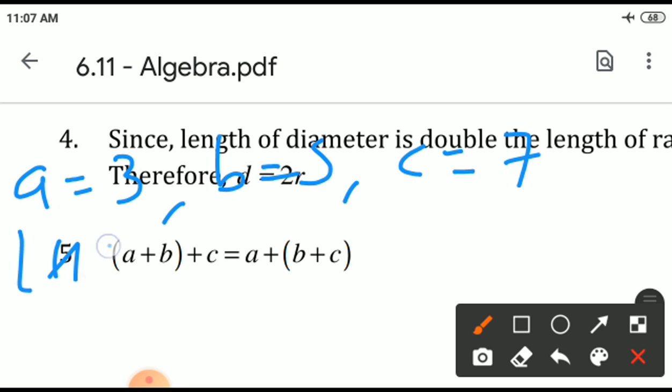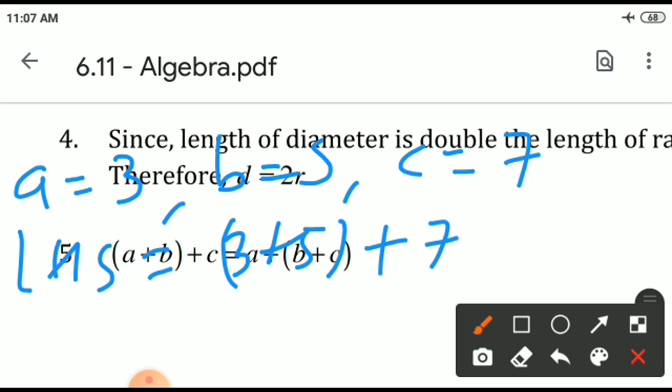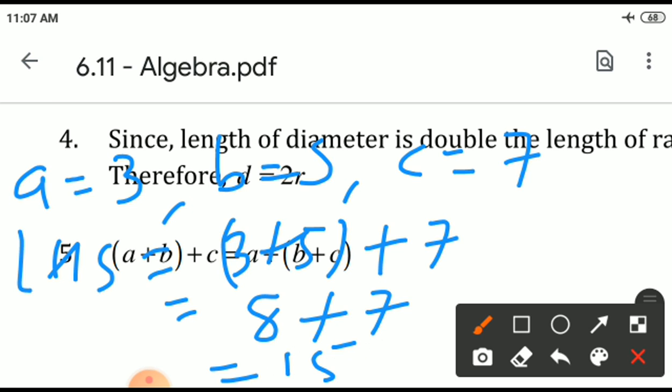LHS is equal to A plus B, that means 3 plus 5 in brackets, then plus C, that means 7. So 3 plus 5 is equal to 8. 8 plus 7 will give me 15. What is my LHS, beta? LHS is 15.